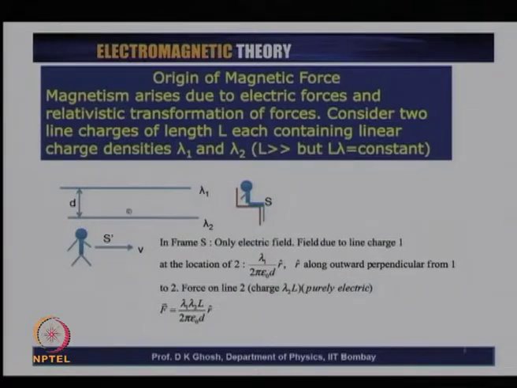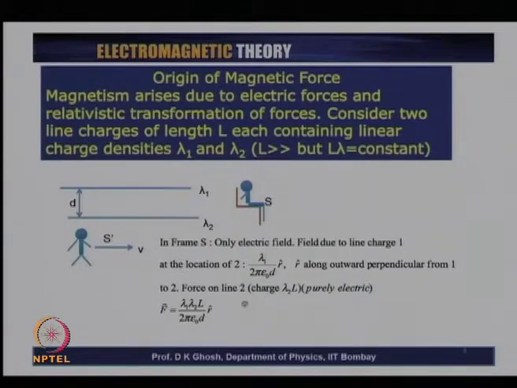And this electric force is, what I could do is calculate the electric field due to this charge distribution, which I know is lambda 1 divided by 2 pi epsilon 0 d, and the direction of this electric field is outward radial, assuming of course the charge lambda 1 is positive and vector r is in a perpendicular direction.